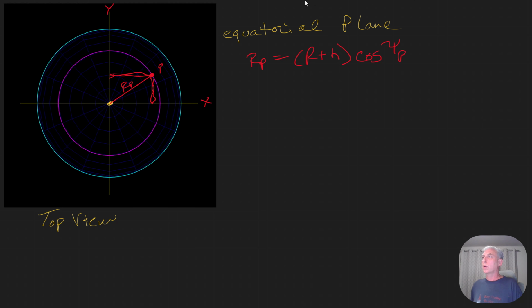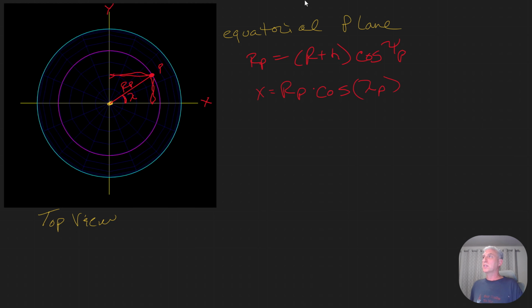right? That's just what we had before. So if we knew this angle, then we could get this x value, couldn't we? Well, that angle we know is the longitude. So the x value then becomes the hypotenuse. So x equals the hypotenuse, which is RP, times the cosine of the longitude of P, right?